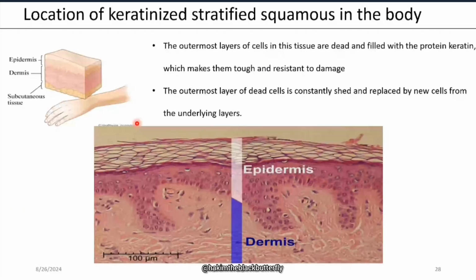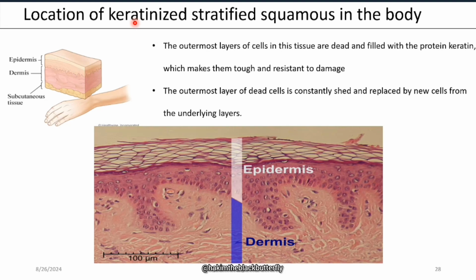Within the skin, you all know that we have the epidermis, we have the dermis, below that we have the fat layer. The epidermis is going to be a layer made up of epithelial tissue. And this is the keratinized stratified squamous epithelium. It's called keratinized because the top layer of these cells will have keratin.